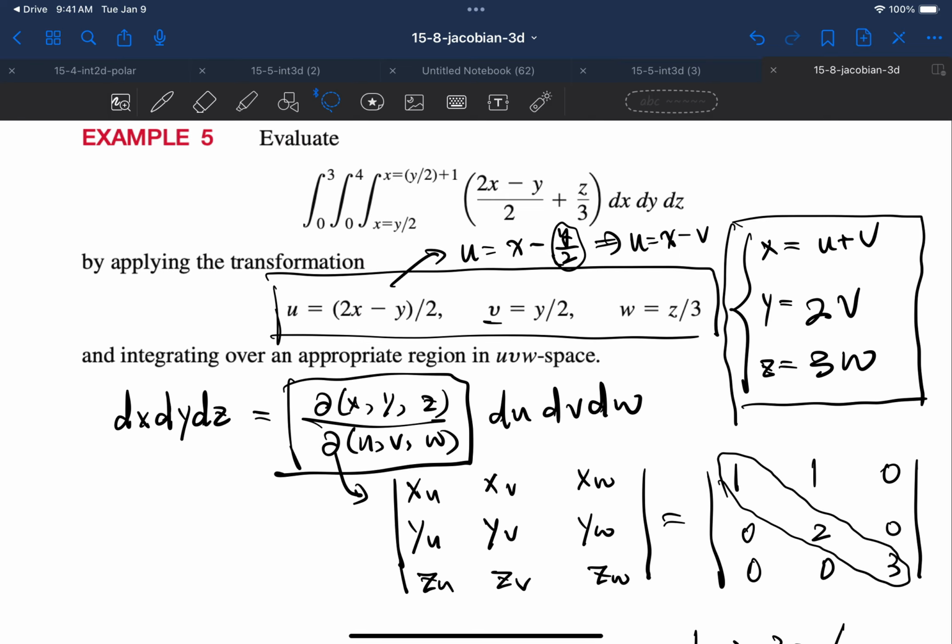So I need to copy this part to save our time.